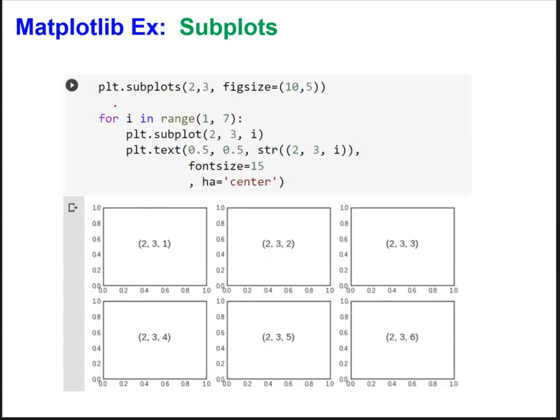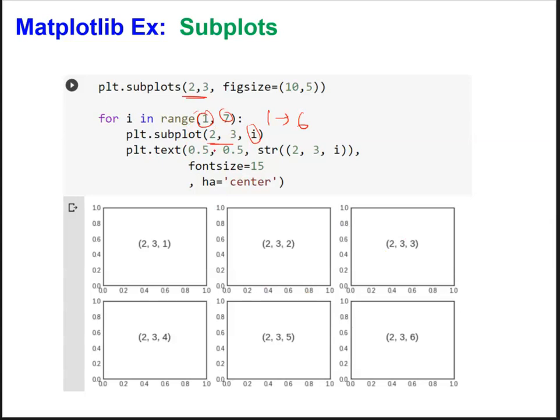So now we're going to do the same thing, and we're going to use a for loop. We start by typing in the for loop the way it's done in Python, and then we give it a range from 1 to 7, and then plt.subplot. So this 2, 3 stays the same. This is a 2 by 3 plot, and now i is going to run from 1 to 6. 2 by 3 means it's going to have 6 plots.